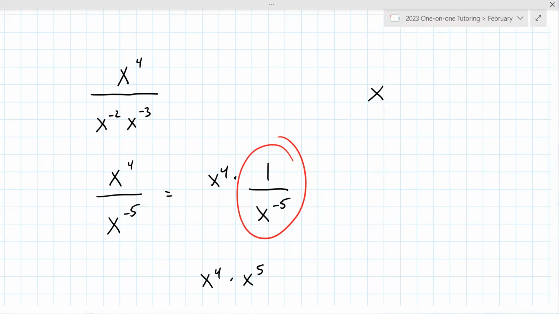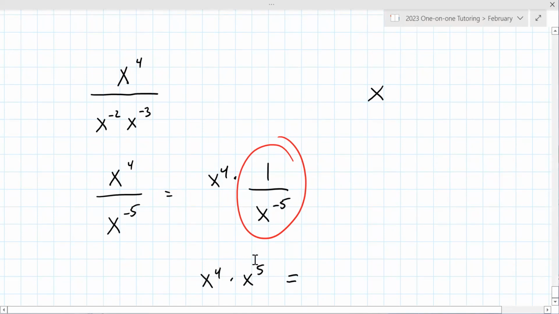So that's option one. And then what does this become? That becomes x^4 over x^5. No, you can't, you've got bases the same. Add the exponents. Oh, okay. So that'd be x^9. Once the exponents are positive, you don't move them around anymore. That's kind of a guide.